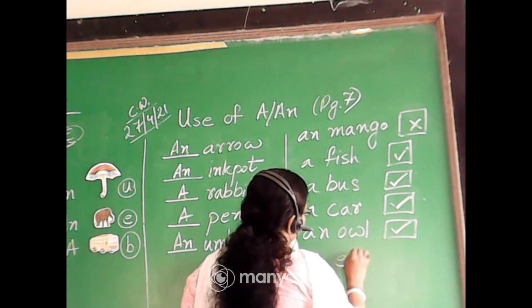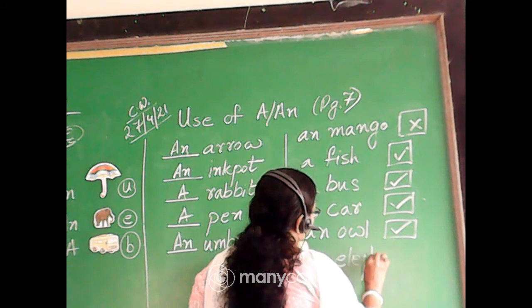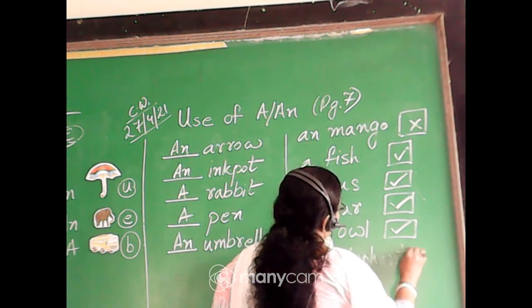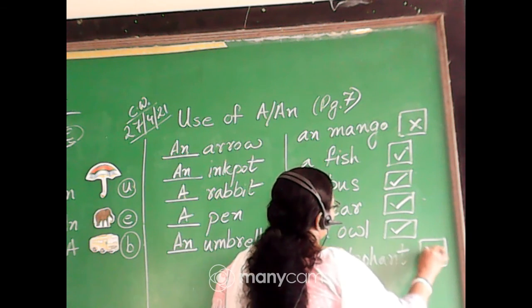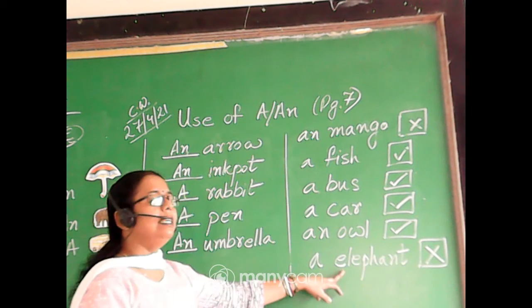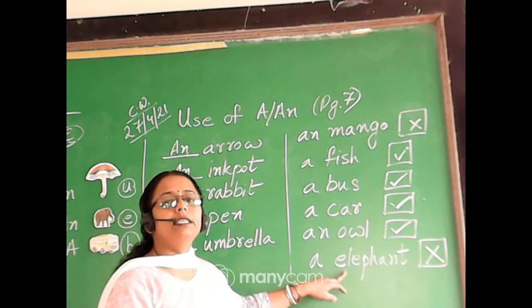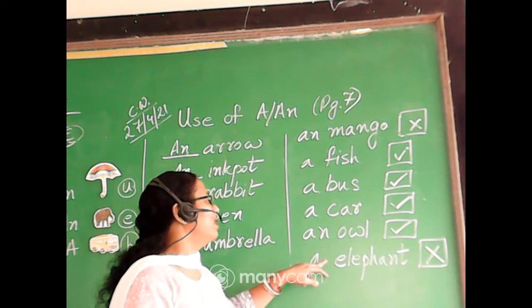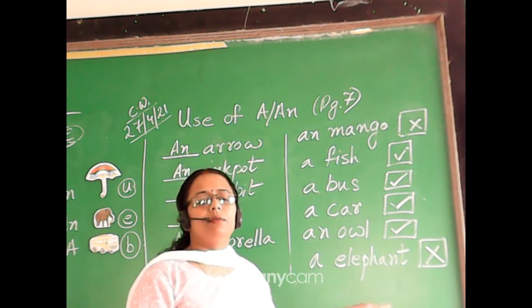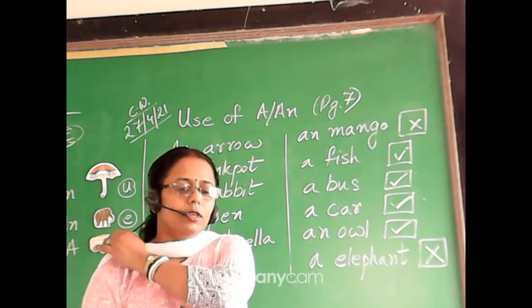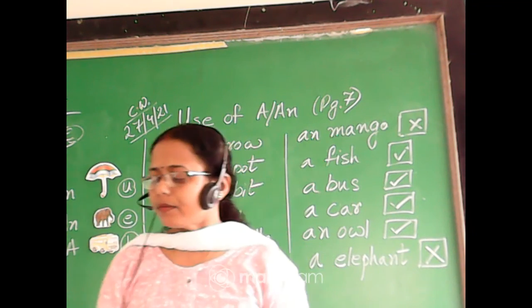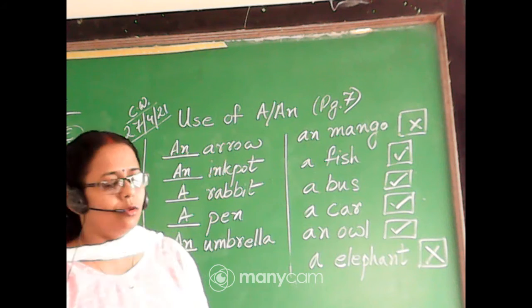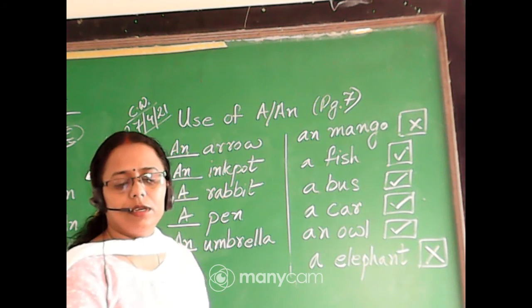Here a elephant, it's wrong because E is a vowel sound and a has been placed, so the statement is wrong.